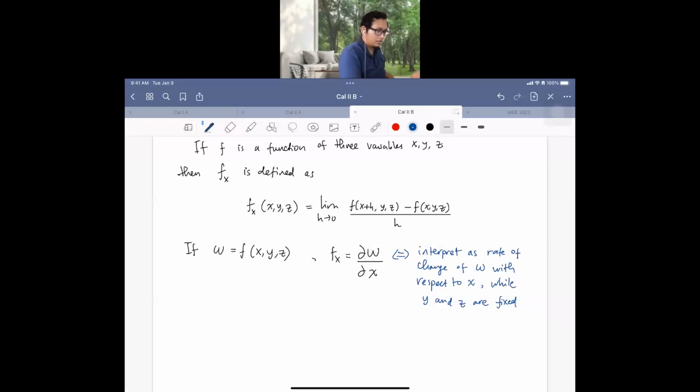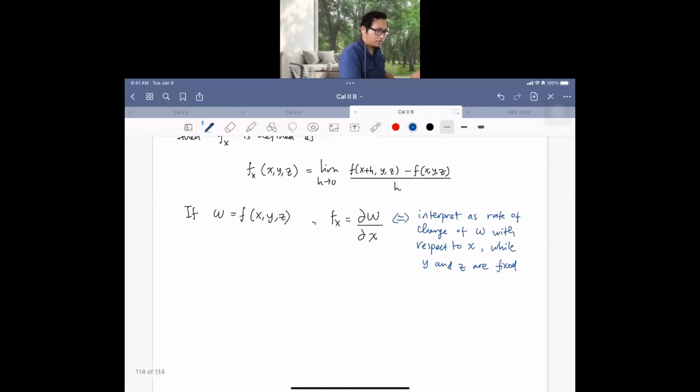Okay, so in general, if u is a function of n variables, so it can be any number of variables. So we can write u is a function of, let's say, x1, x2, x3, x4, until xn.